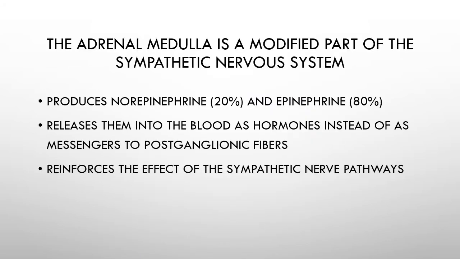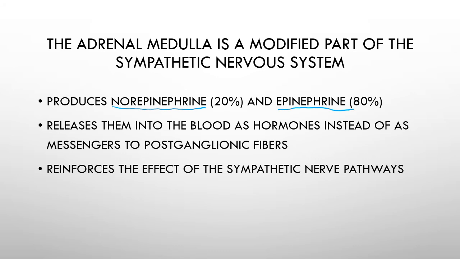Helping out the sympathetic nervous system, we have the adrenal glands. At their very core, we have the adrenal medulla, and it produces both norepinephrine and epinephrine. We may have heard of epinephrine before as being something to give when somebody's in something like anaphylactic shock, their heart is not functioning properly, things like that. We need to get their blood pressure up. The same thing is going to happen here with the epinephrine as well.